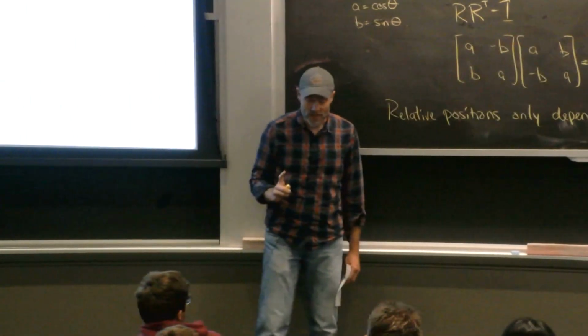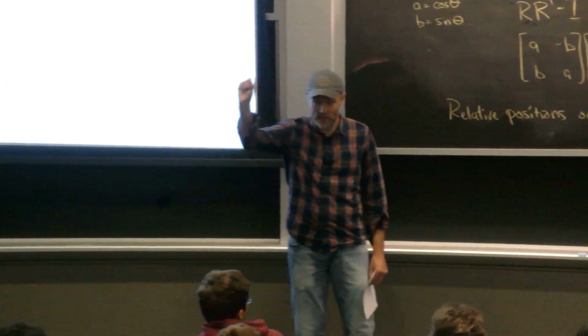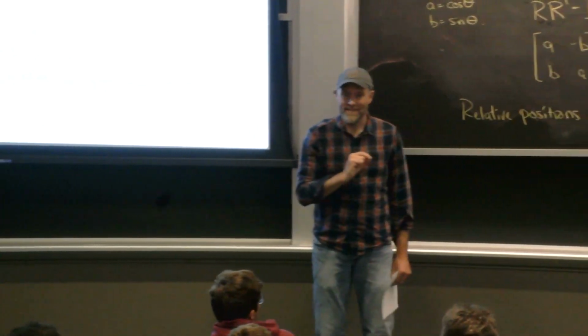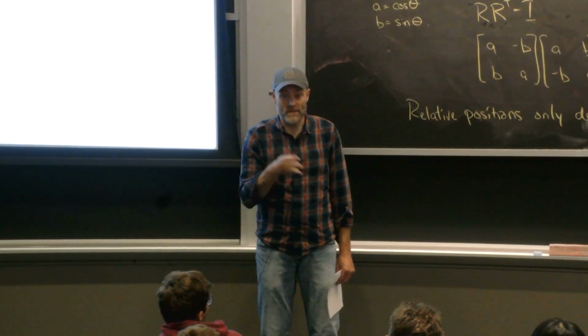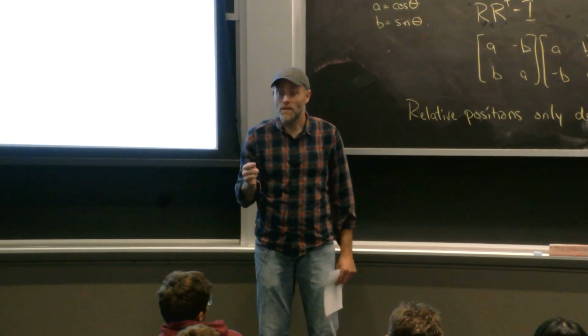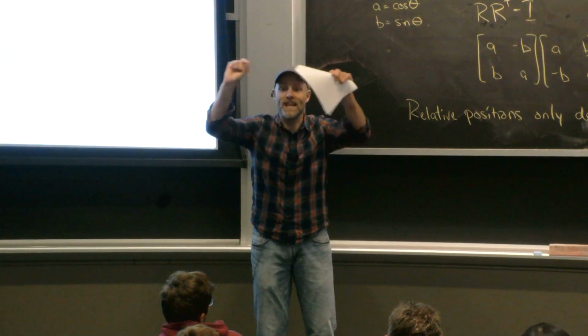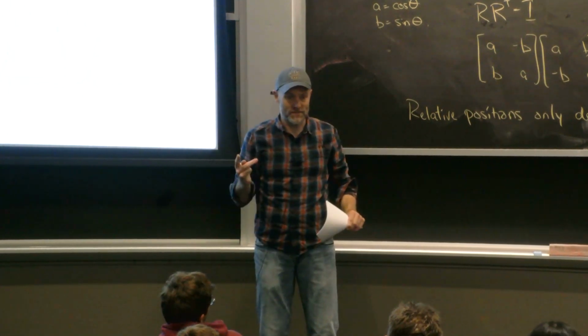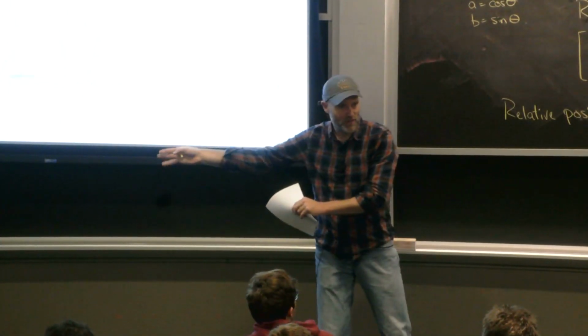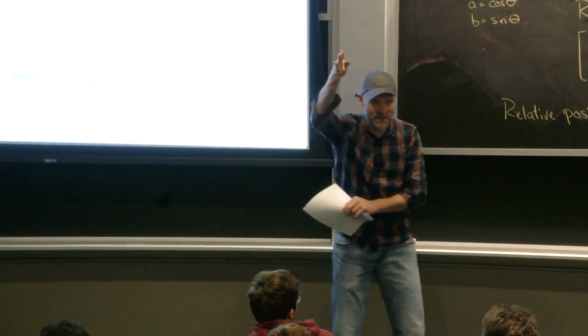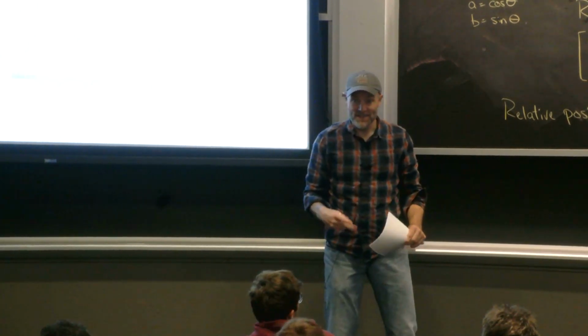So the trick is, if you just try to fit every point by itself, then you have to solve for the translation and rotation separately. But if you just take the difference between 2 points, that quantity does not depend on the translation of the object. You could take an object in building 32 or an object here, okay?